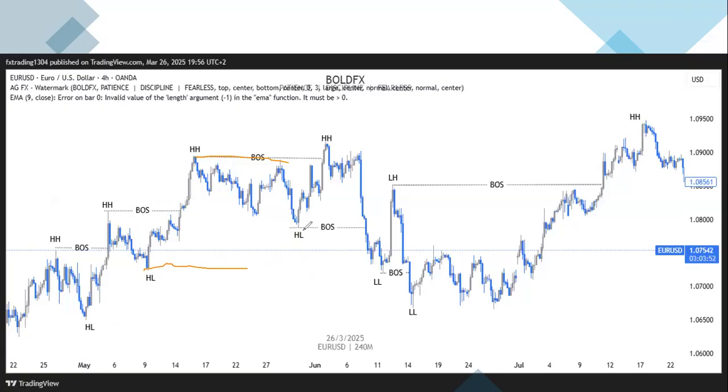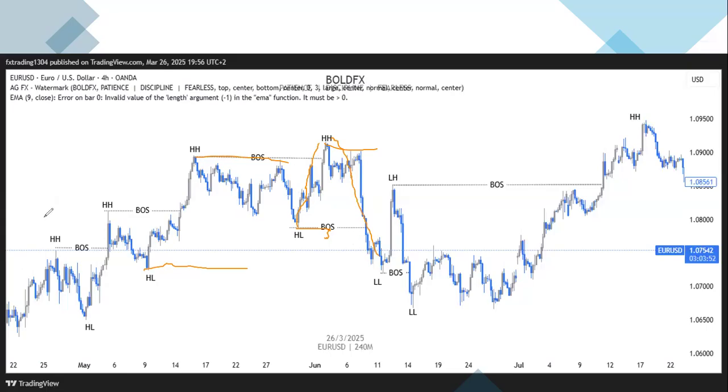So right here, after your strong higher low has formed and your higher high has formed, or you have identified your higher high, now you can see that the market went up, took out your previous higher high, forming a new higher high, then broke structure to the downside, taking out your strong structure, changing your bullish trend to a bearish trend.